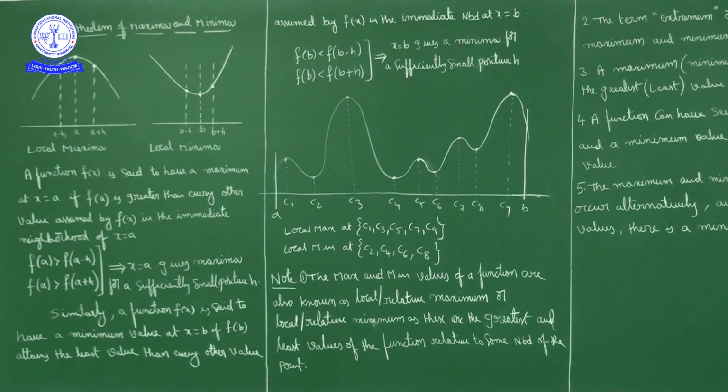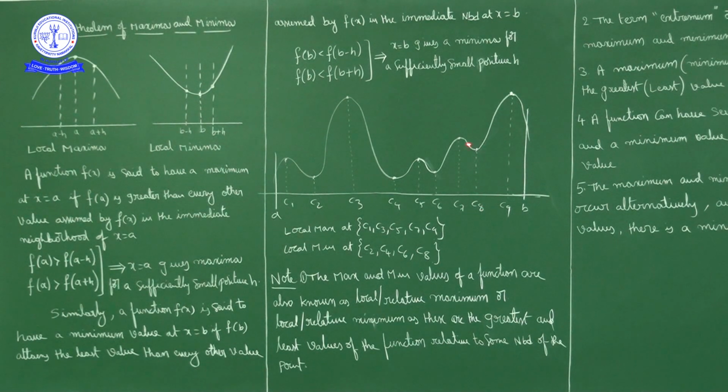A maximum value or minimum value of a function may not be the greatest value in a finite interval. Suppose you take a to b. Here we have local maximum at c5 and local minimum at c8. If you observe, f(c5) is less than f(c8), but c5 is local maximum and c8 is local minimum.